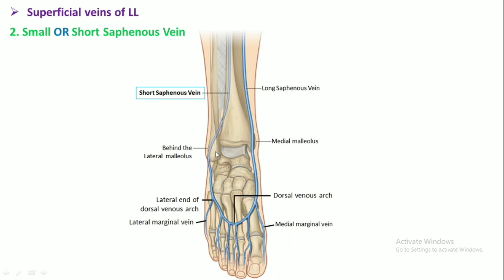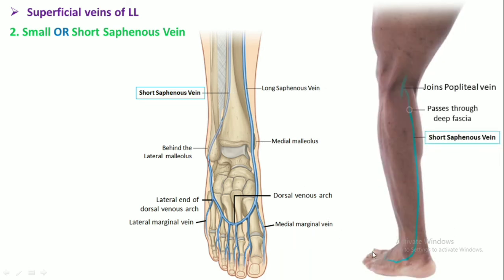It goes behind the lateral malleolus, and this is the short saphenous vein. It goes to the back of the leg, passes through the deep fascia and joins the popliteal vein, and then the popliteal vein goes to the femoral vein.